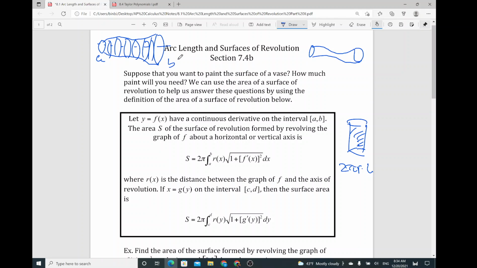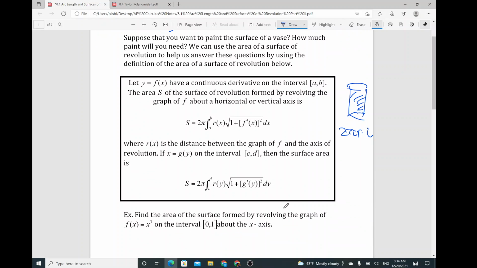So that's how we find the surface area of the surface of revolution. Here r of x is the distance between the graph of f and the axis of revolution. If x is g of y, then on the interval from c to d, we can generate the surface area.